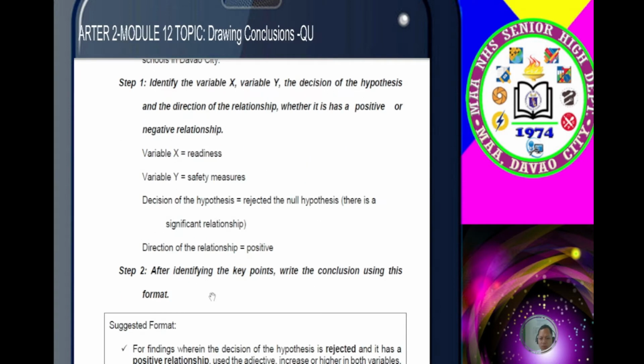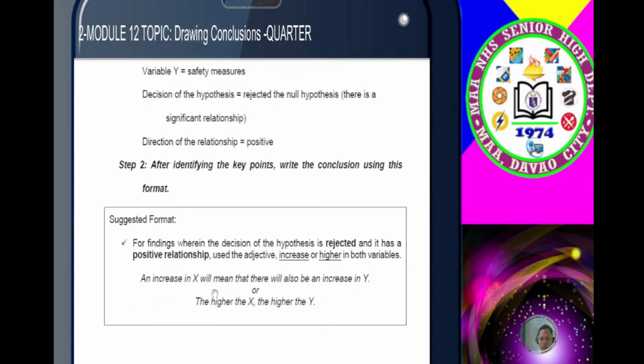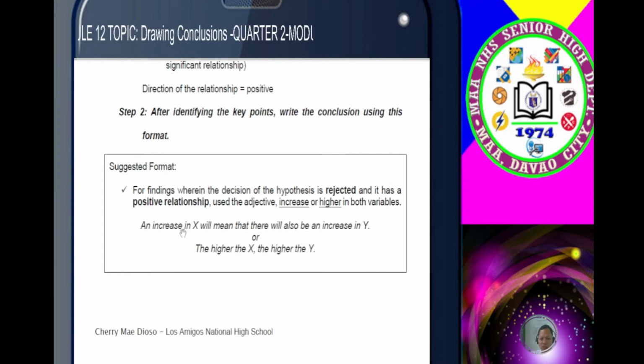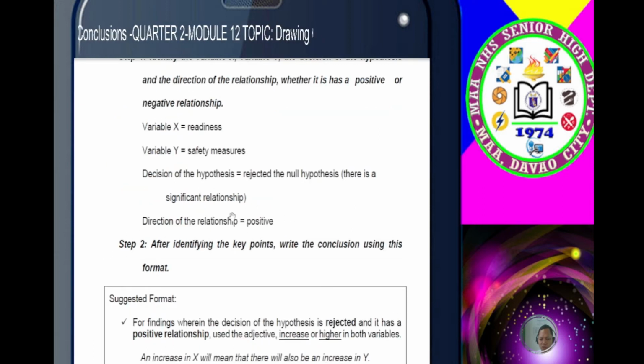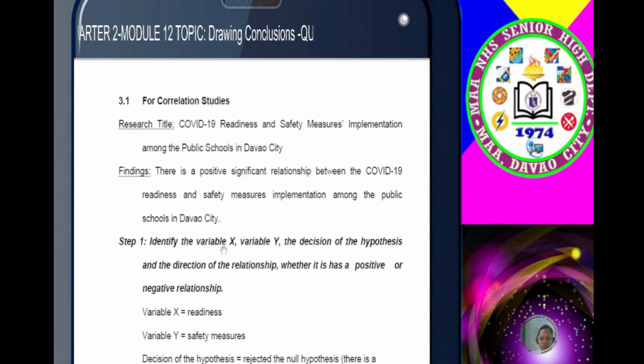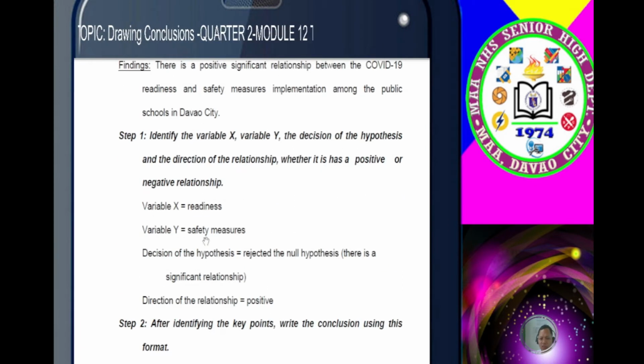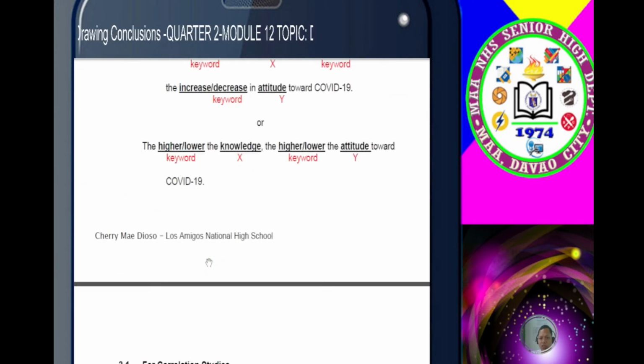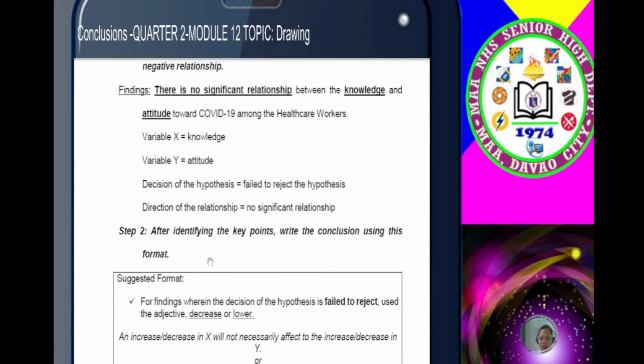Okay. So we can now conclude. This is the format: an increase in X will mean that there will be an increase in Y. Since our decision is there's a positive relationship, we can conclude that an increase in COVID-19 readiness will also mean an increase in the safety measures.